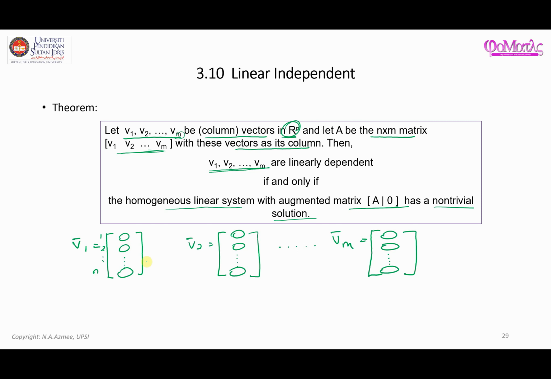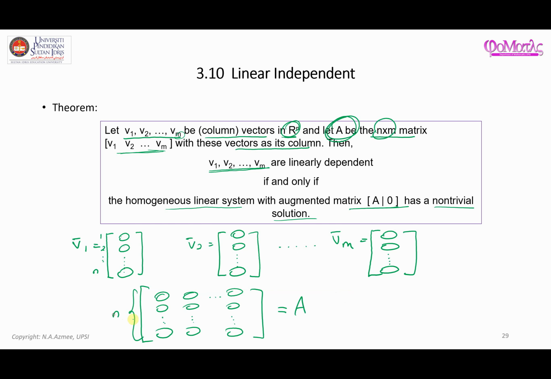So if you combine all these vectors together, this is the first vector, this is the second vector, and this is the last vector, then this becomes a matrix, and we call this matrix A. So this matrix A is an n times m matrix. Why?